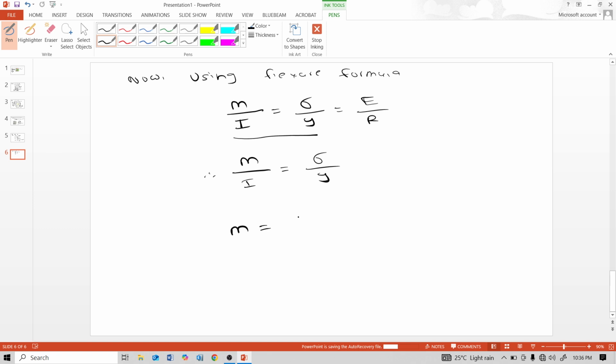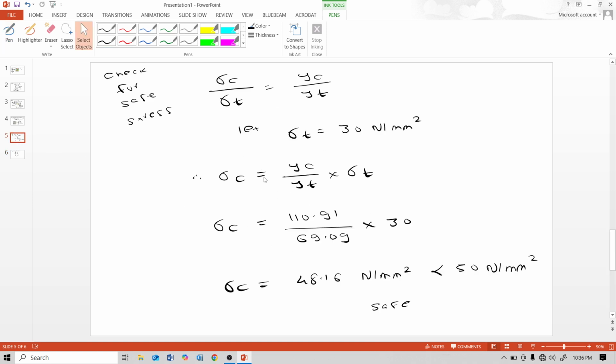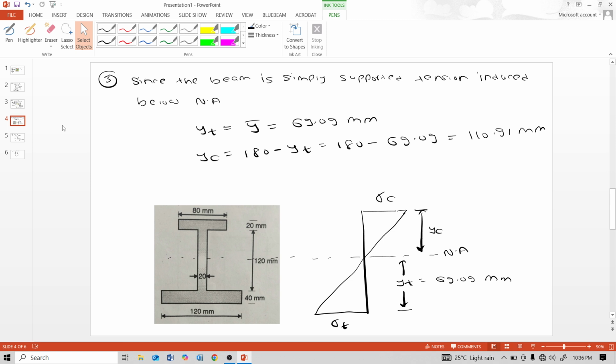So M is equal to sigma by y multiplied by I, and for sigma, use the maximum y, always use the maximum y. Between yt and yc, which is maximum? Yc is maximum, and when yc is maximum, then use sigma c.